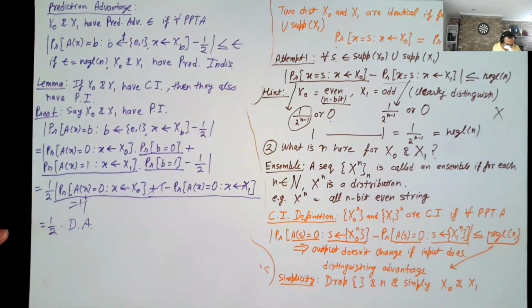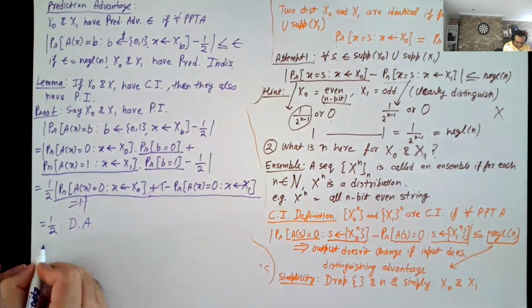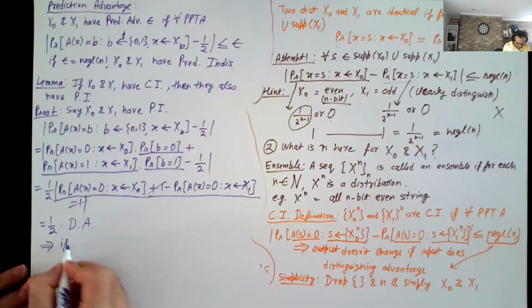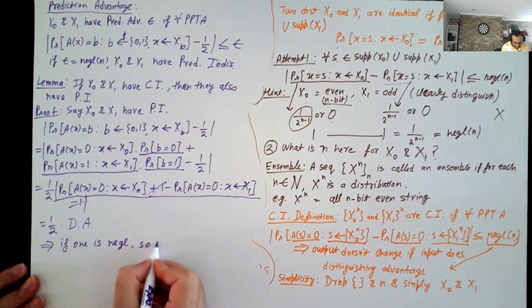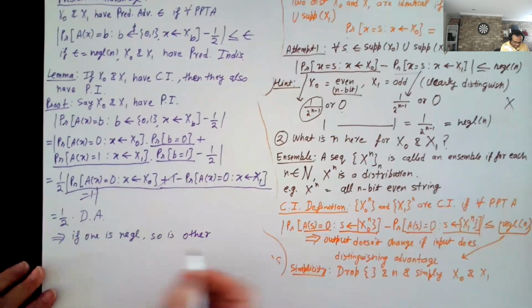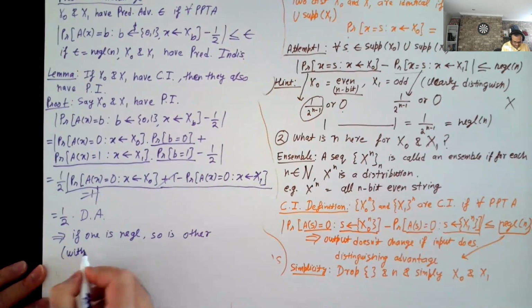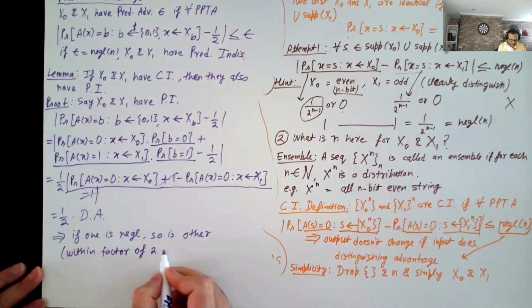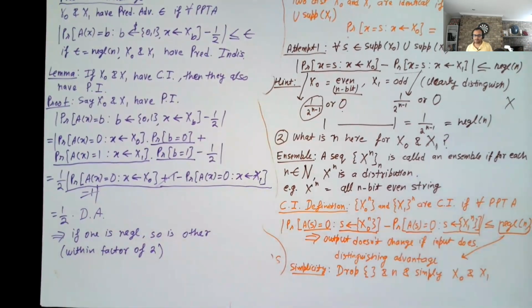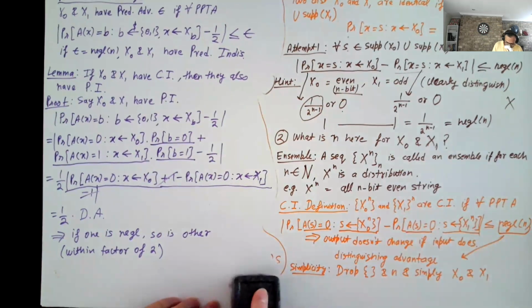And I think I didn't use inequality anywhere. This is all equality. So this implies that if one is negligible, so is the other. So in fact, they are within a factor of 2 from each other. Right? So, you know, what is true between friends, right?